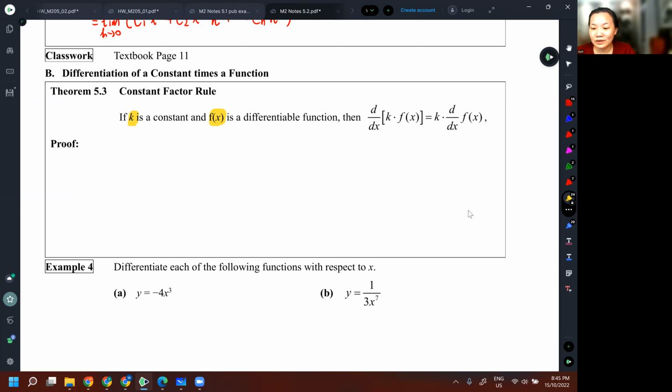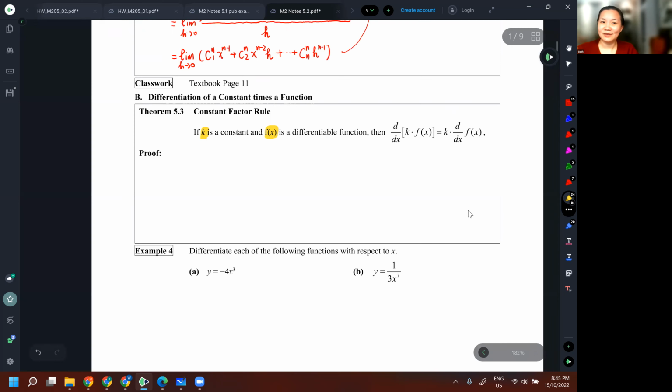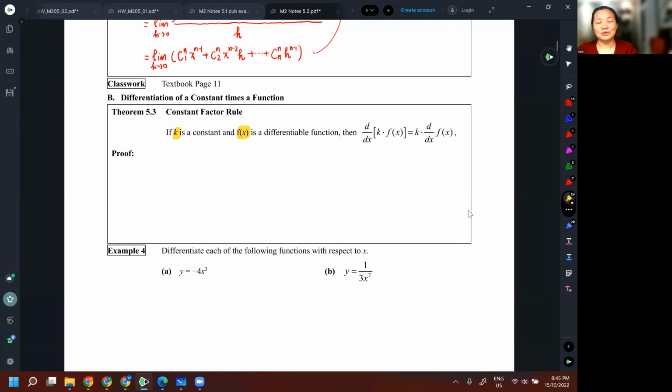What does this mean? d/dx of kf is k d/dx of f, meaning to differentiate k times f is to use k multiplied by the differentiation of f. Meaning, if there is a constant, you can just take it out.